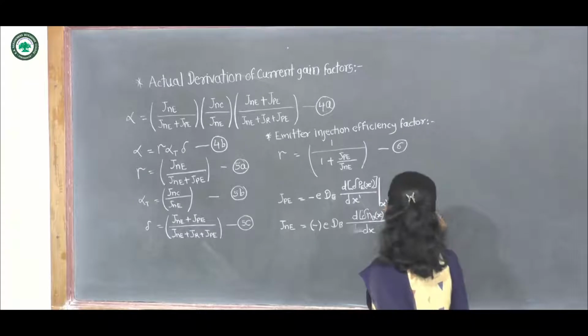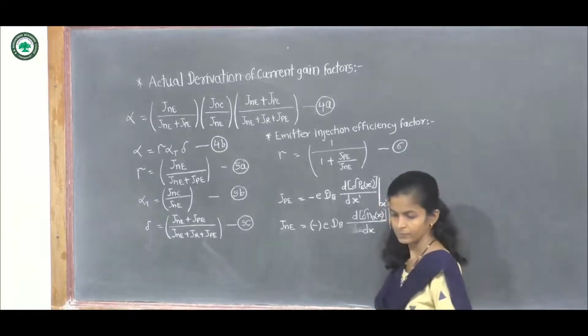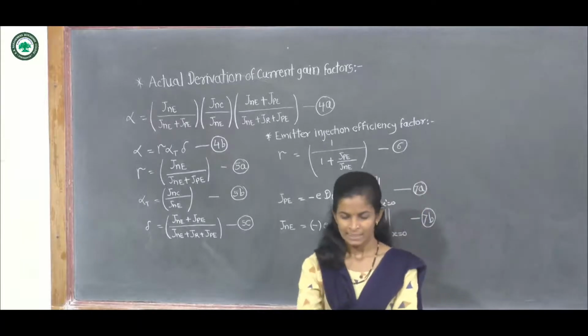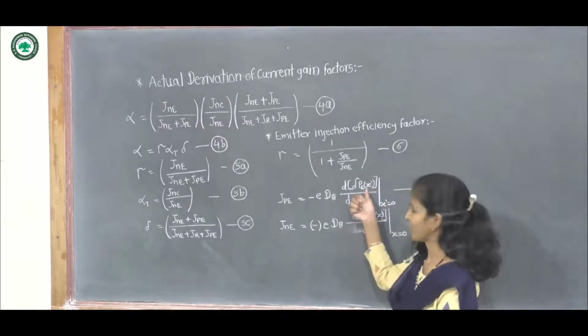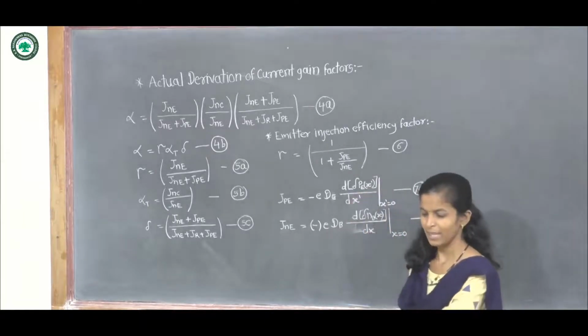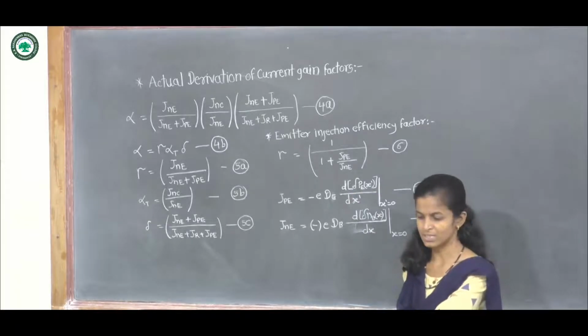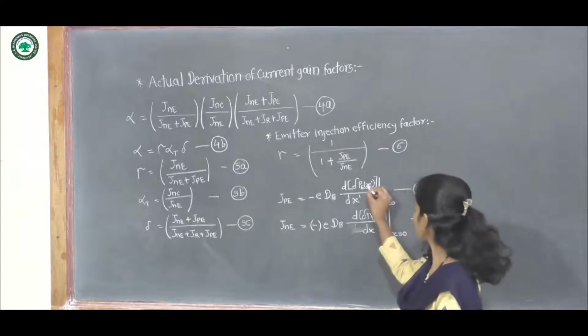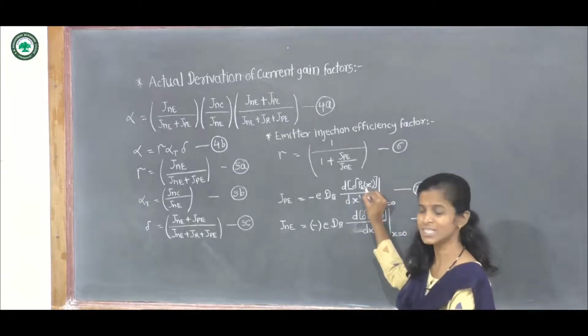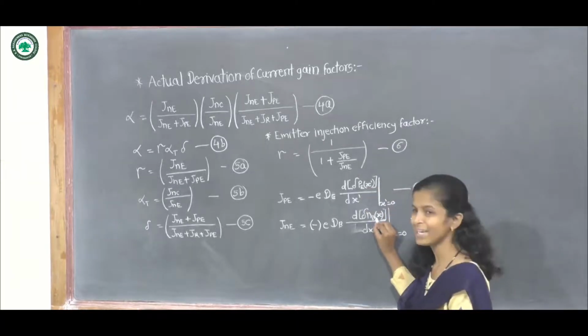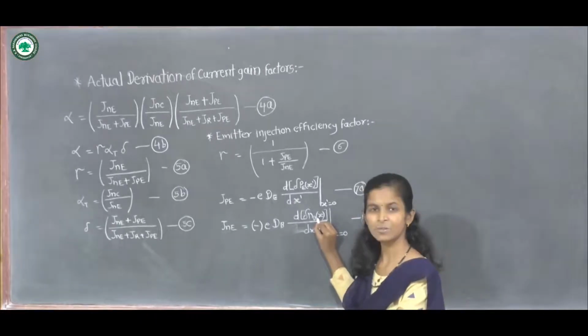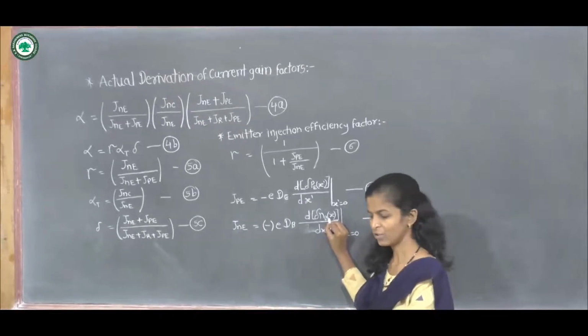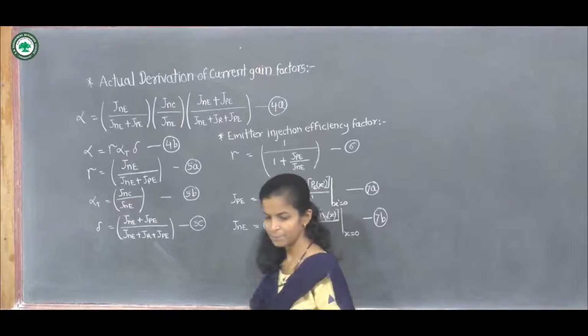So this is equation number 7b, where delta P of x' is the excess hole concentration in the emitter, and delta NB of x is the excess electron concentration in the base.